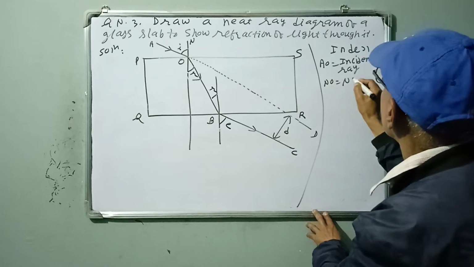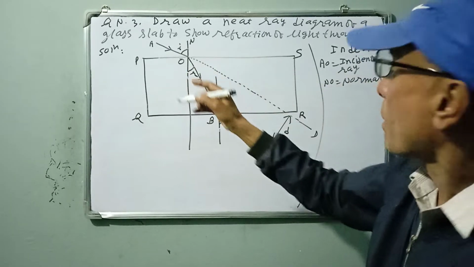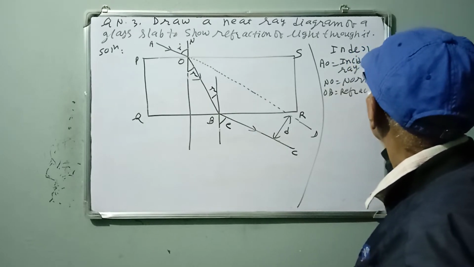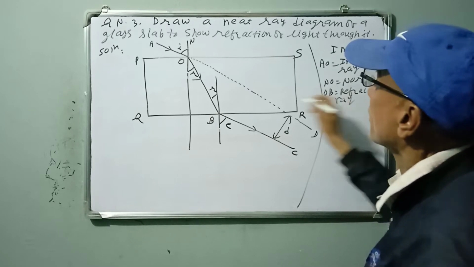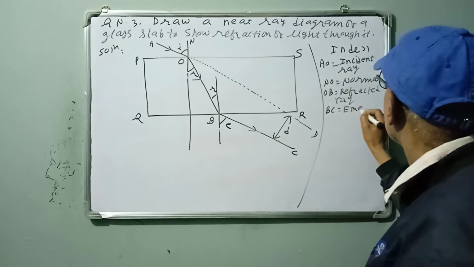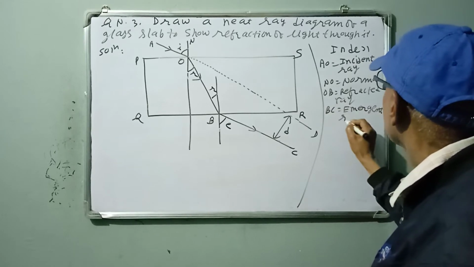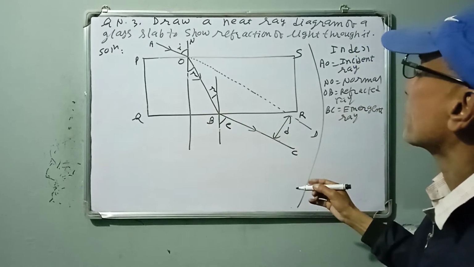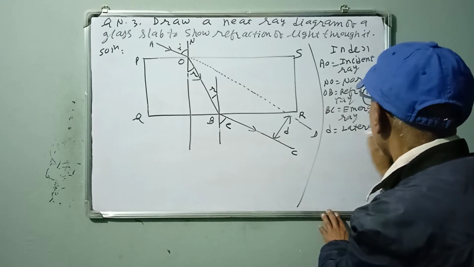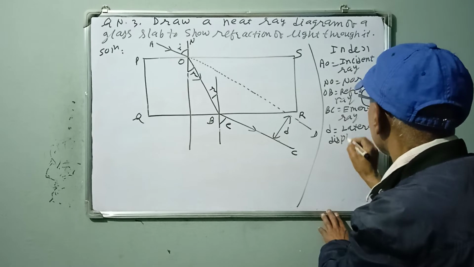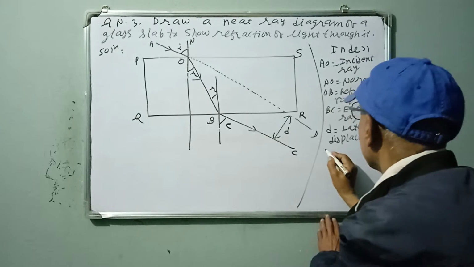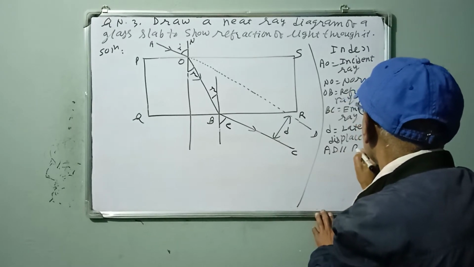NO is the normal. OB is the refracted ray. BC is the emergent ray. And D is the lateral displacement. Here AD is parallel to BC.